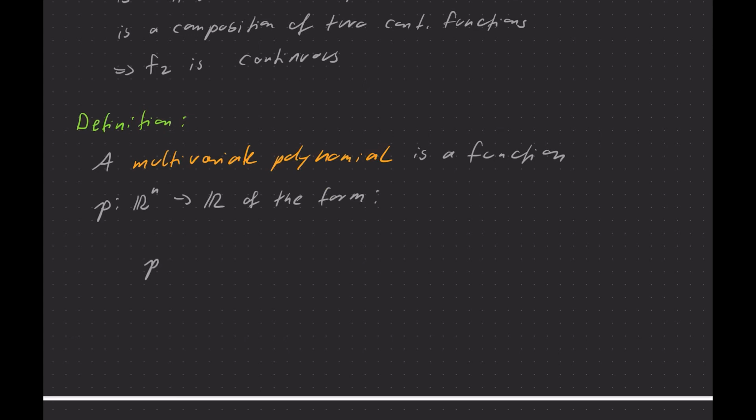So p of x, or rather p of x1 to xn, is a sum of terms of the following form. We have a constant, let's call that gamma I. I'm going to define that I in just a minute. And then of just an x to some coefficient.